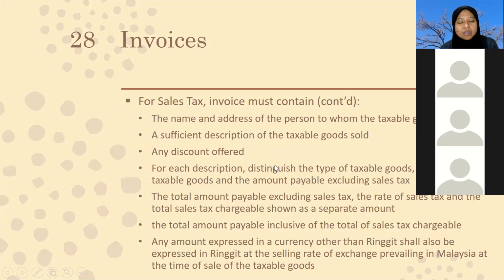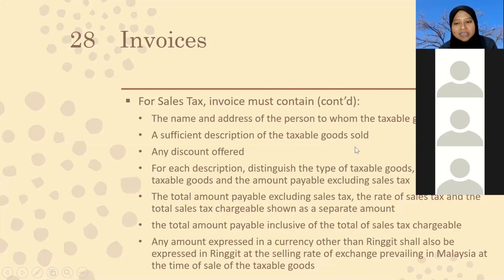So first you have to show how much is the amount before you add the sales tax. Then the total amount payable excluding sales tax, the rate of sales tax, and the total sales tax chargeable shown as a separate amount. For example, you have item A, item B, item C, item D. You add everything, get the total, and then you add the sales tax amount.